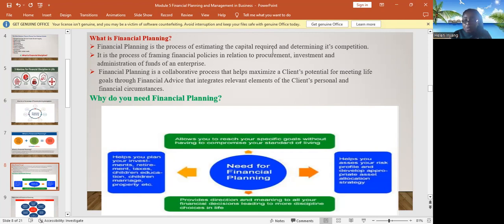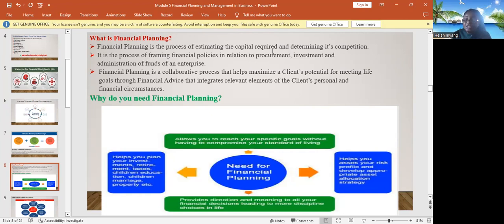Financial planning will help you assess your risk profile and develop appropriate asset allocation strategies. You know, it will help you.